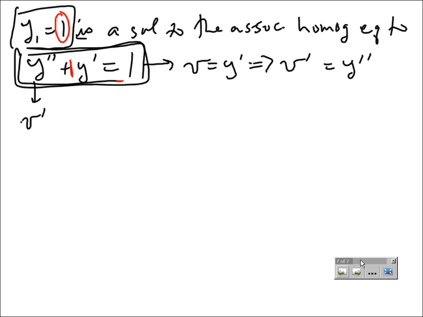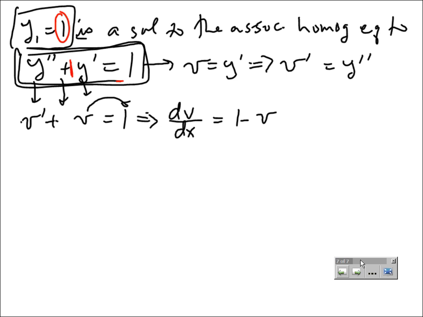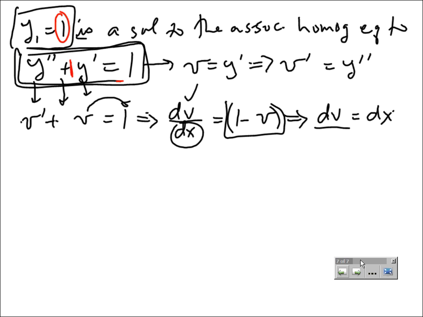So v prime plus y prime, which is v, is 1. This here is separable. V prime is dv dx. I'm going to bring that to the other side. It's 1 minus v. The dv can stay. The dx, I'll move to the other side, bring it on top. And the 1 minus v, I'll pull down there.